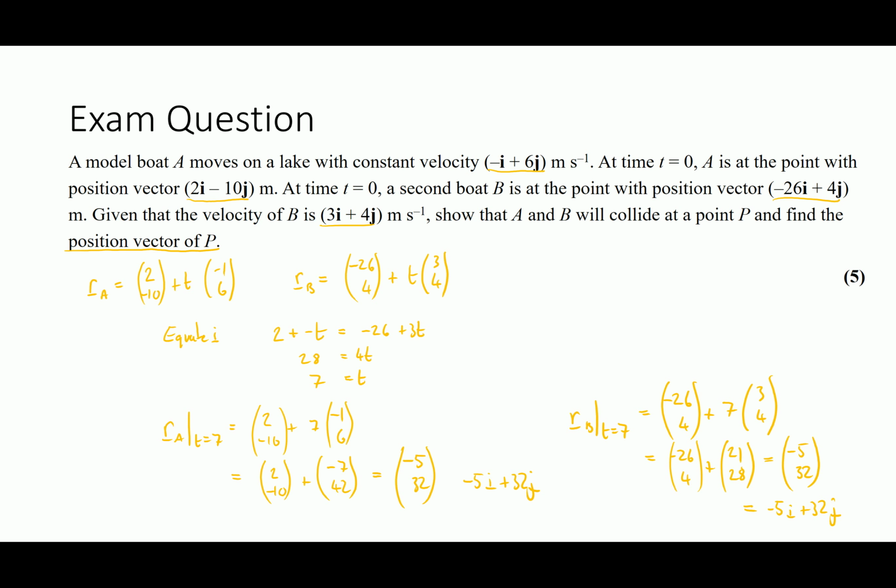Hence we have collision at the point P, so we can just say that P is equal to negative 5i plus 32j.